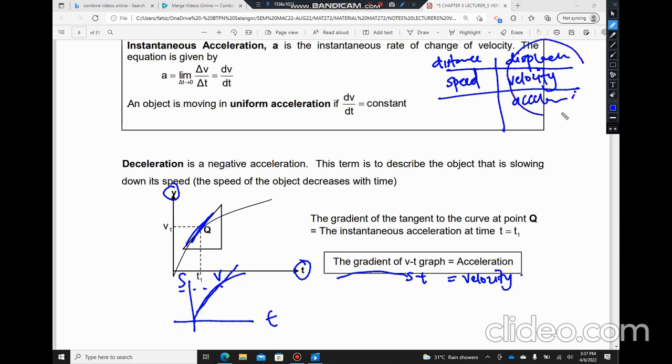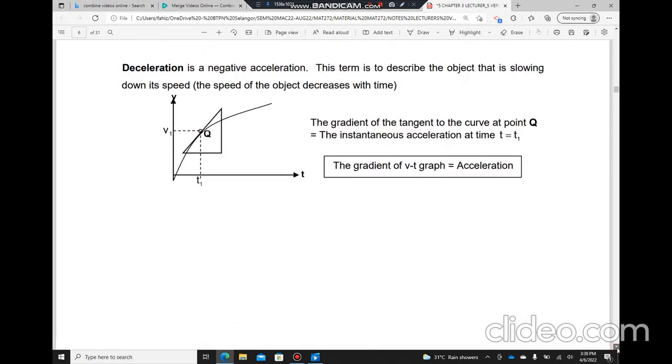Acceleration dia cuma dia adalah vector quantity, yang ni scalar quantity. So untuk acceleration dia cuma kita gunakan velocity divide by time. Kalau yang untuk bahagian sini dia tak ada acceleration untuk scalar quantity. Okay, this one for acceleration.